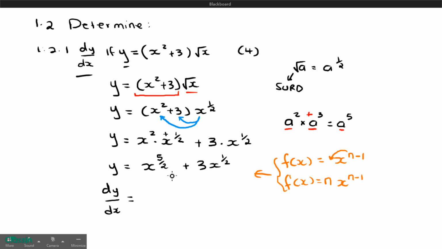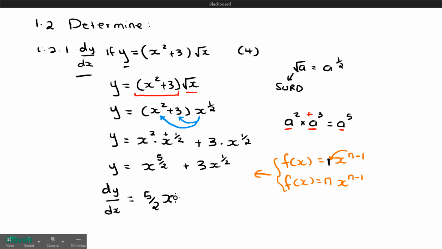Then we say is equal to 5 over 2 multiplied by the coefficient that is here. Because there is nothing written here, we always know that the coefficient there is the value of 1. So 5 over 2 multiplied by 1 is the same as 5 over 2.